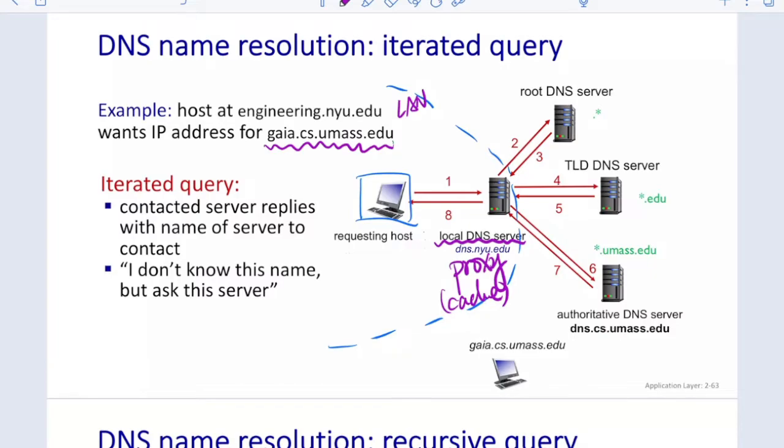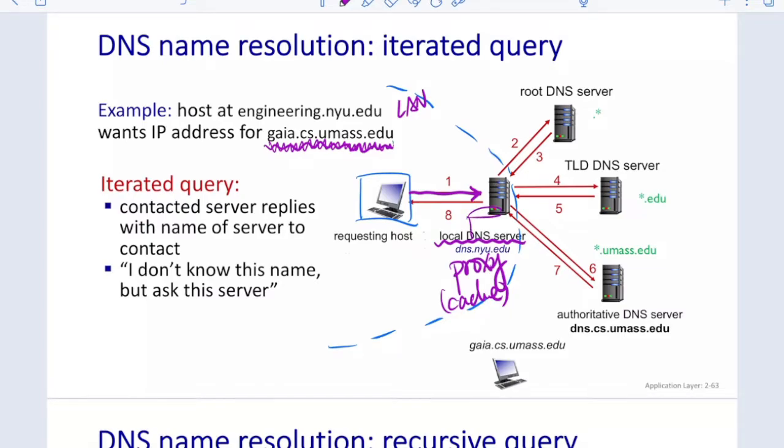So, align with me. The first query should be like this. Me, as the requesting host, I would like to query gaia.cs.umass.edu. I want to know its IP address. So I send a query to the local DNS server, and the local DNS server checks its cache.